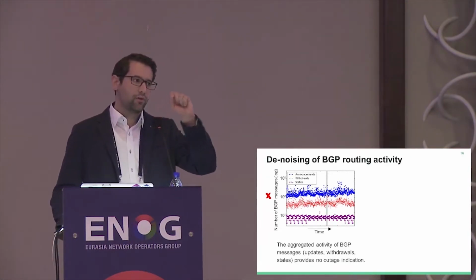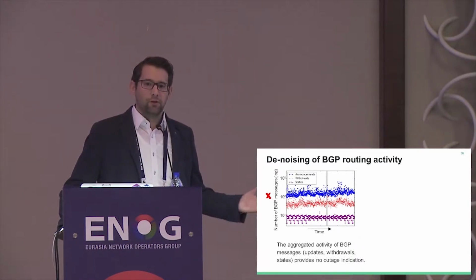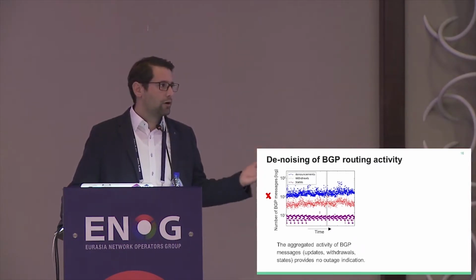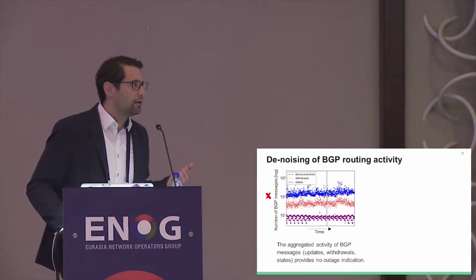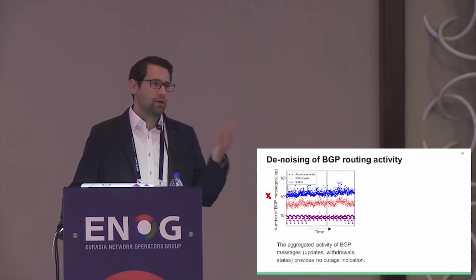And if you focus on the gray bar here, there was actually an outage of an IXP. But if we look at this plot, there are a lot of other outliers with a lot more announcements, and note this is a log scale. So we don't really see anything if we just plot everything we have.